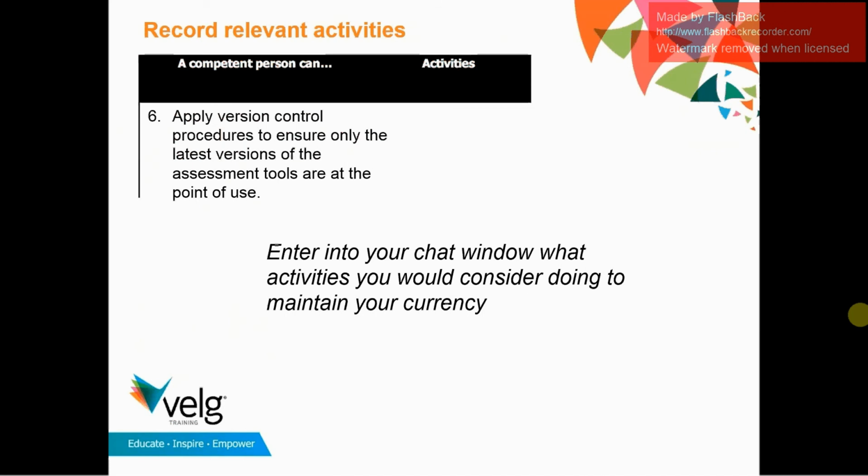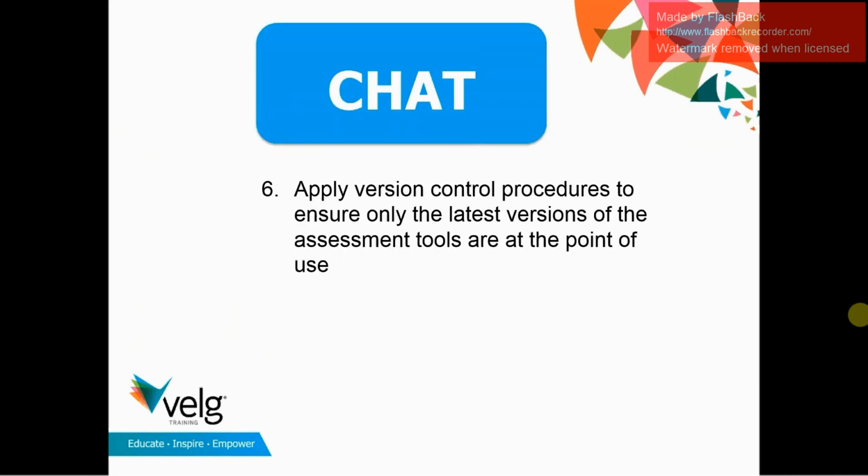I don't know whether you've ever fallen into the trap of thinking you have the one which is the latest and the greatest, and then you find that it's actually not, that the version's been superseded. So, you know, what is it that you do? What do you do to apply version control procedures to make sure it is only the latest versions that are at the point of use?